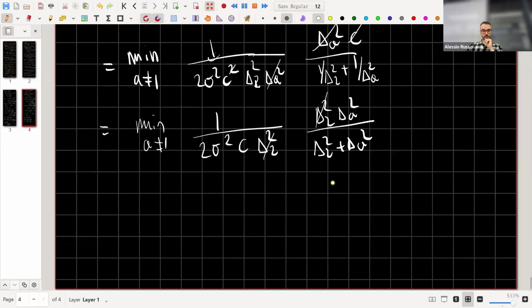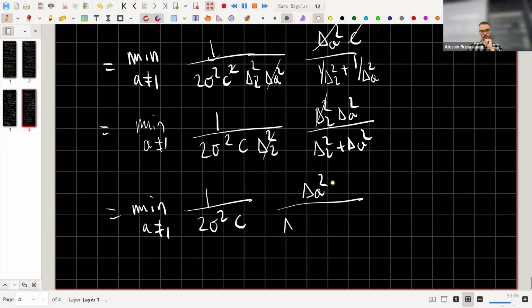So now we have this simplification. And here you can collect delta a squared at the denominator, so that you can simplify the delta a squared.